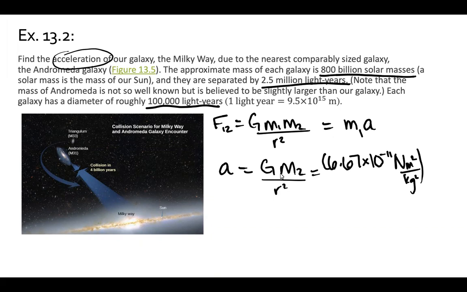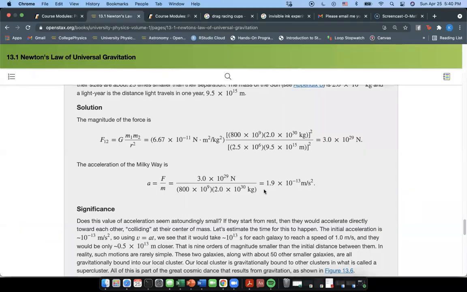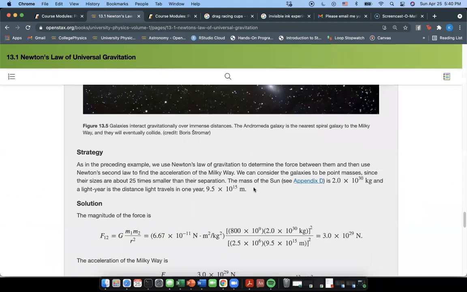Our second mass, I don't have that number on me, so I'll have to look that up. So 800 billion, so times 10 to the 9th, times our solar mass, M solar. Let me look that up in our textbook. Actually, is it right here?